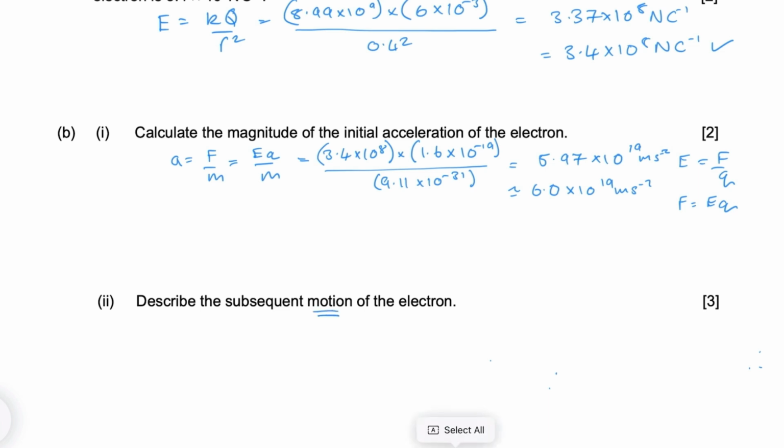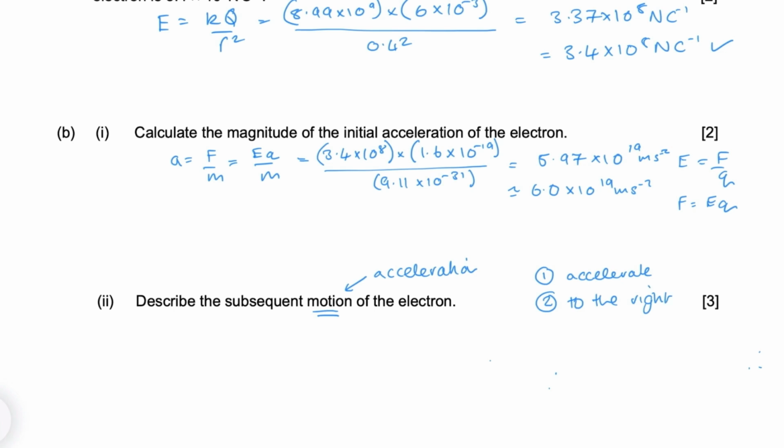B2, describe the subsequent motion of the electron. Do you remember earlier I said when it described the motion, you're looking at using one of those 4 phrases. In this case, again, we're going to use acceleration. But we've got to give it 3 marks. We're going to say that it's going to accelerate to the right because it's going to be repelled from the charge. The acceleration is going to decrease because the force is going to decrease as it moves away from that charge.